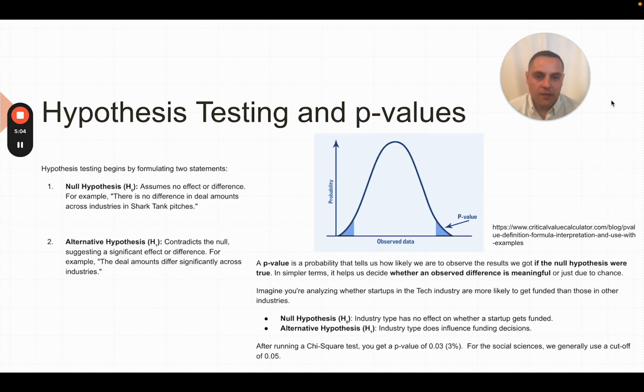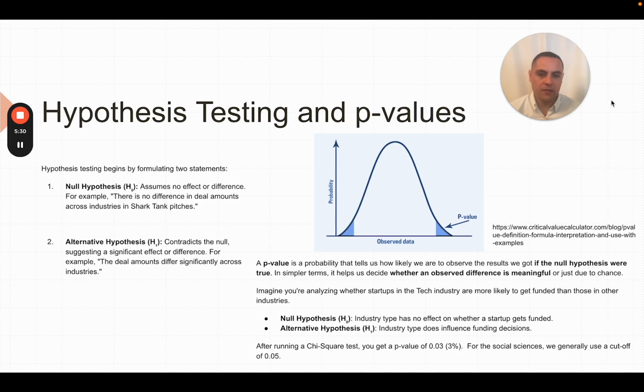So often we look at what's referred to as a p-value to assess statistical significance. A p-value we can think of as a probability that tells us how likely we are to observe the results we got if the null hypothesis were true.